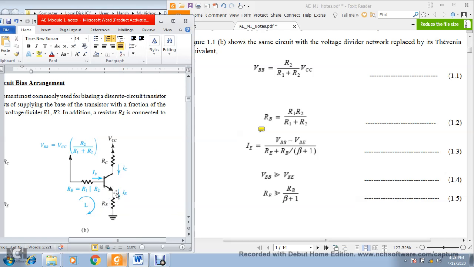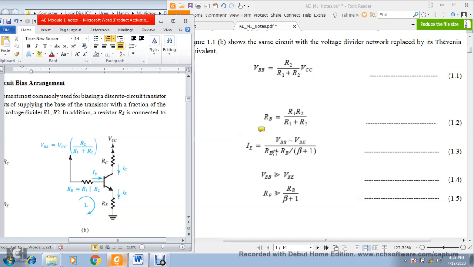Then in order to bring it back, what has to decrease? VBE has to decrease. So VBE will decrease, and because of the decrease in VBE, IE decreases.